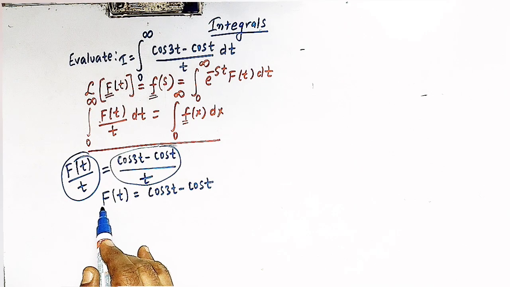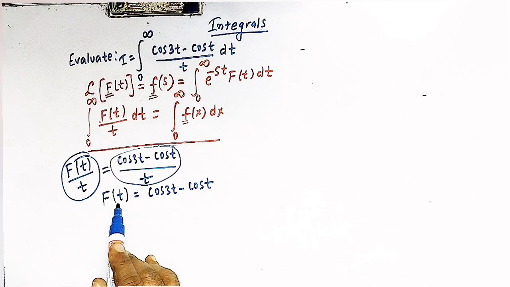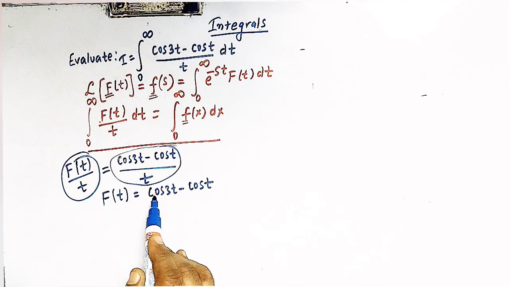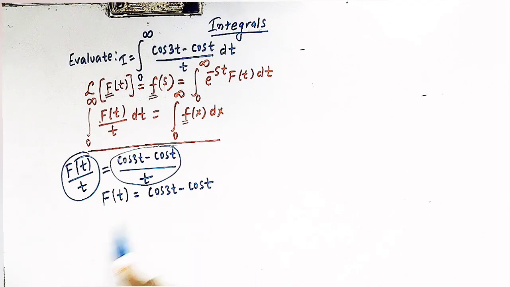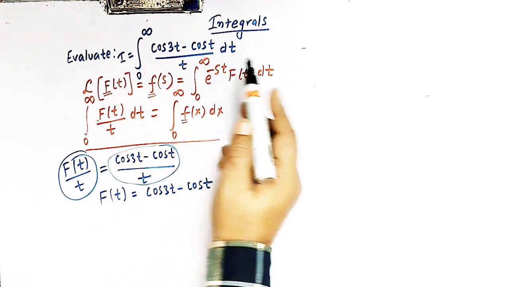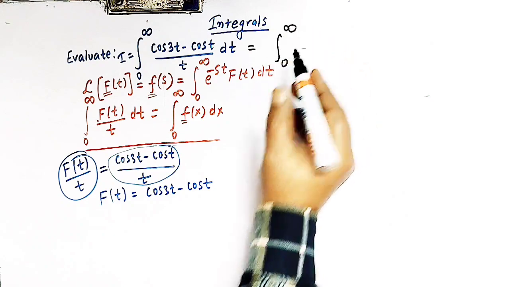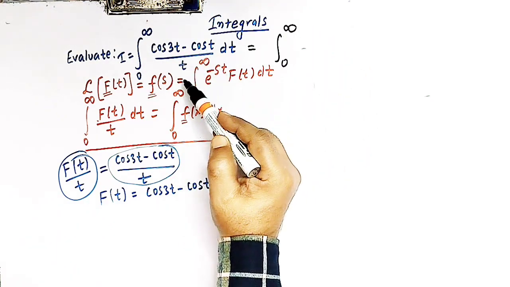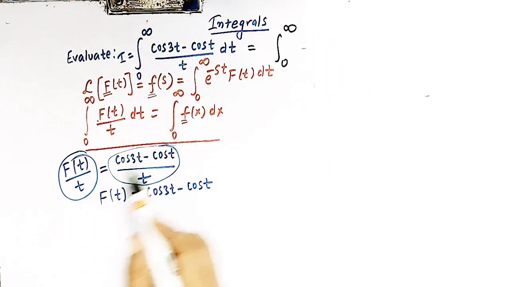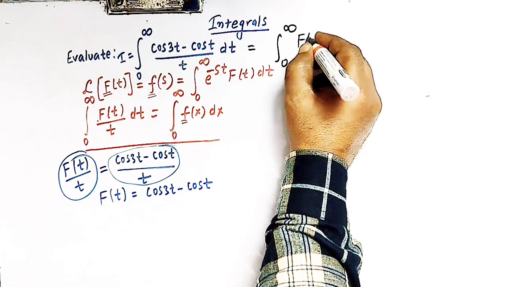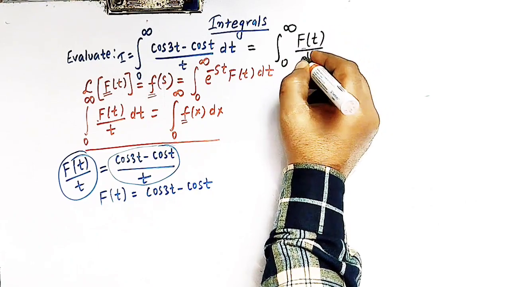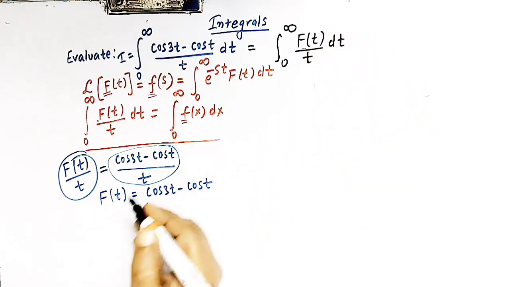So our integral I takes this form: 0 to infinity of F of t divided by t dt.